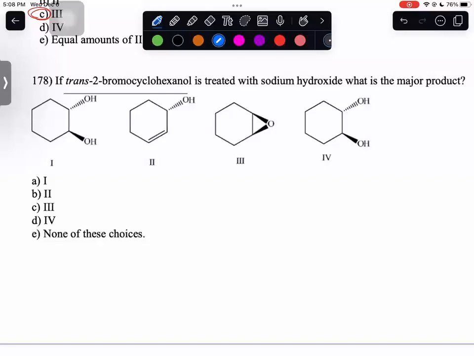What kind of reaction are you trying to do there? SN2 is the second portion. SN2 is the second half.